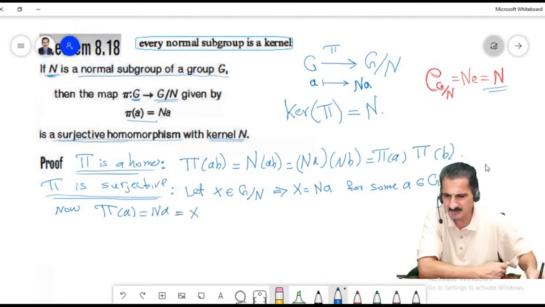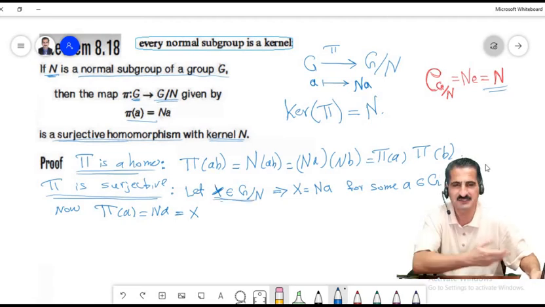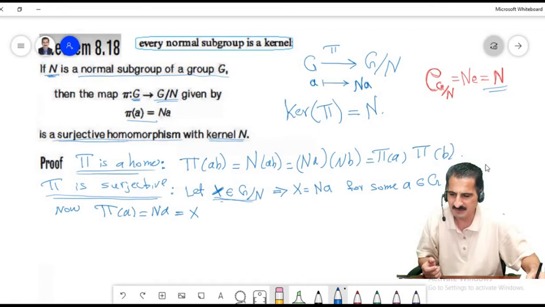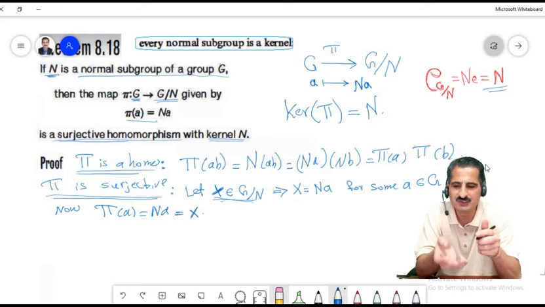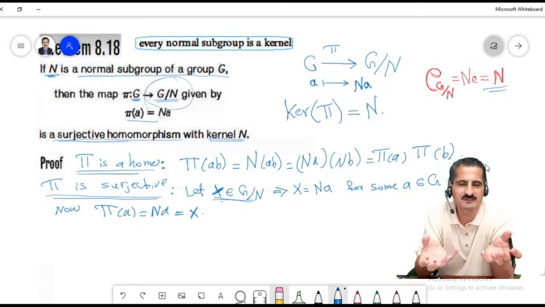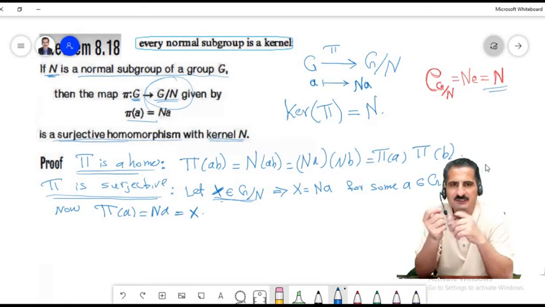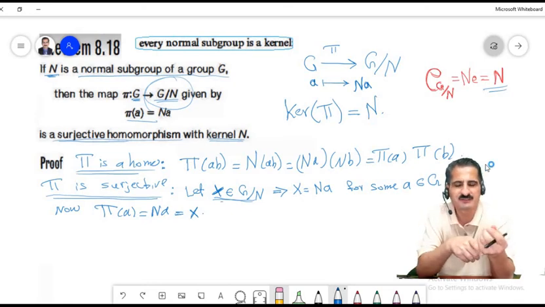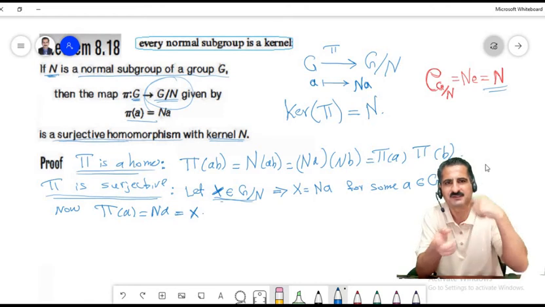So we have chosen an arbitrary element, which is a coset, and then we found an element whose image is that coset. It's simply G over N, the set of cosets. So if you want an element to go to a specific coset, take an element from that specific coset and then send it back.